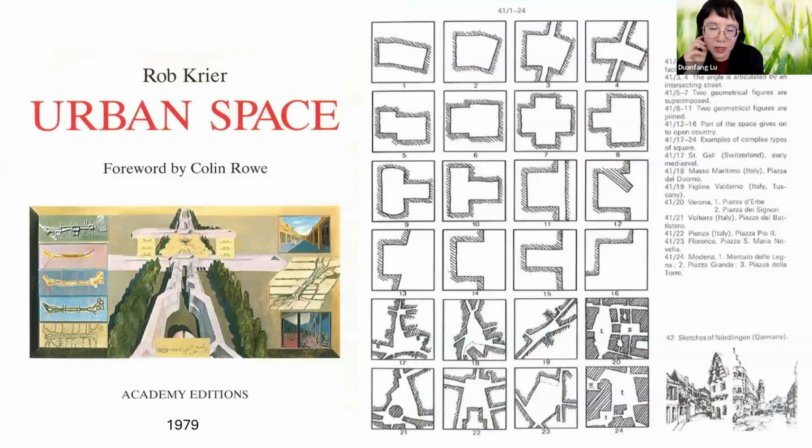So a lot of researchers have studied morphological characteristics at different levels. In this case, it's about the relationship between public space and how the different forms of enclosure can influence the character of that particular square.